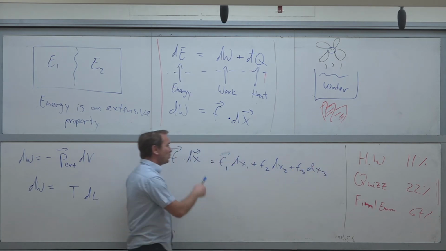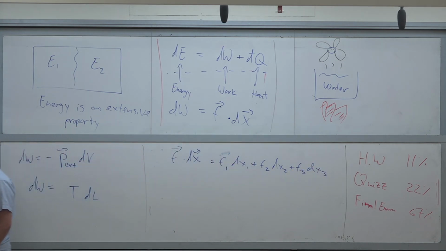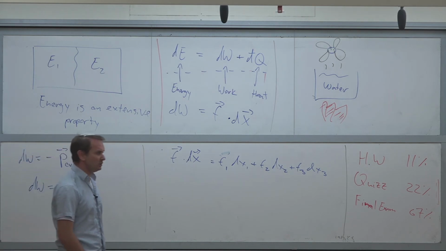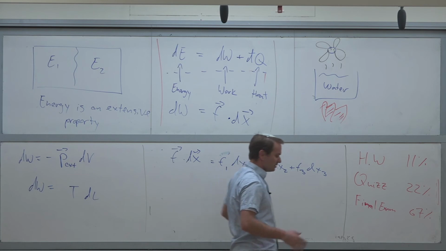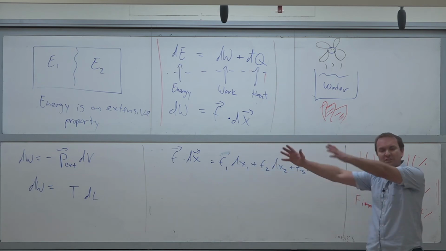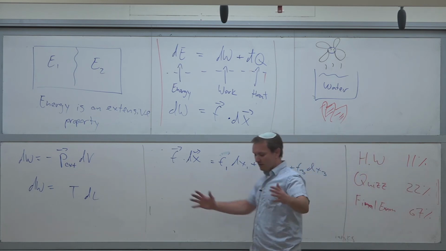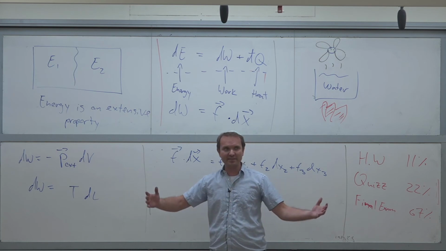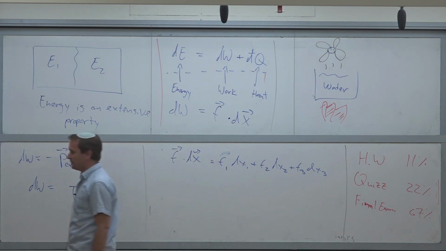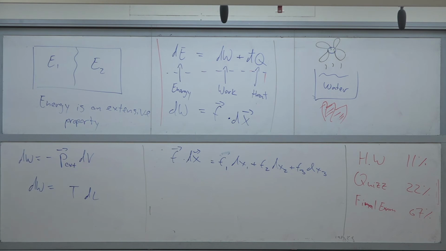And it will all depend on what my variable x is. So basically, controlling forces and mechanical work is easy, right? Always return to this example of a gas. I can squeeze the gas, I can extend the gas. It's very simple.